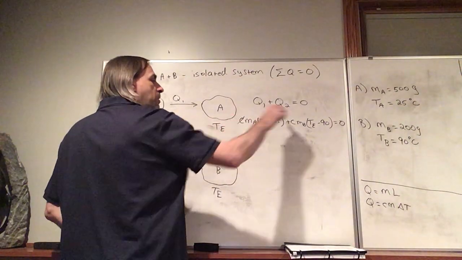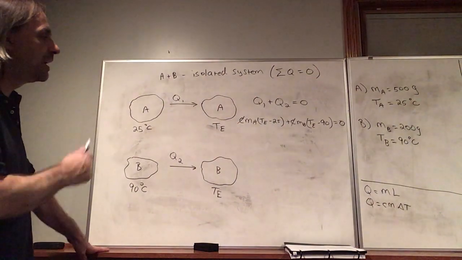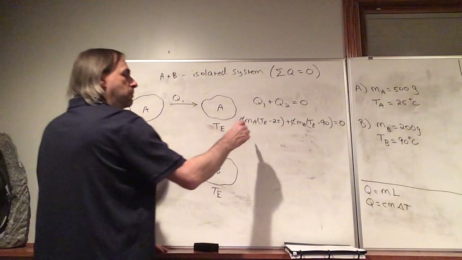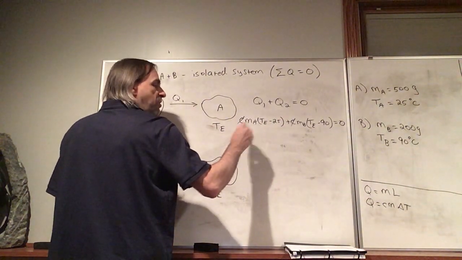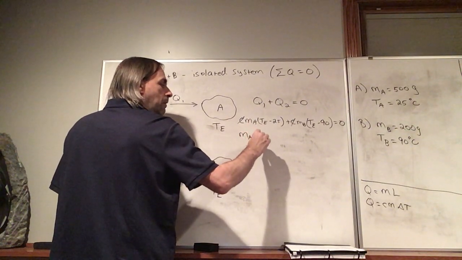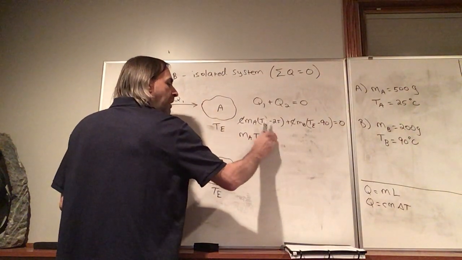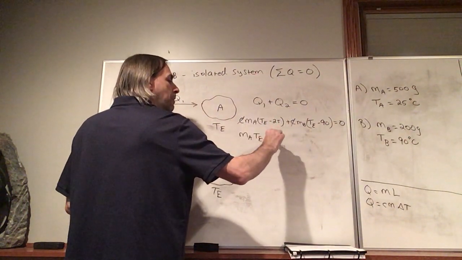And again, that should be fairly easy to do. So again, let's just cross off these C's. We have limited board space here. So let's just distribute things. We have M A T E minus M A times 25. And again, that's degrees Celsius.